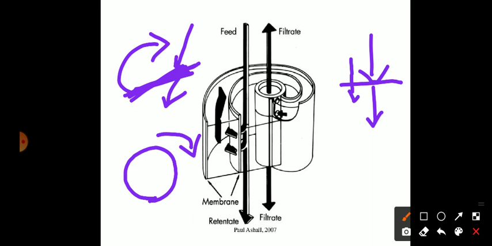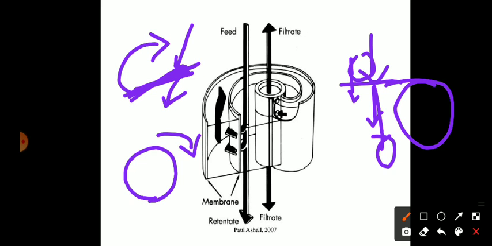So that means we get the retentate on the top side, and this side will be the permeate. Now you have to assume this condition in a circle, or you can say spiral wound.